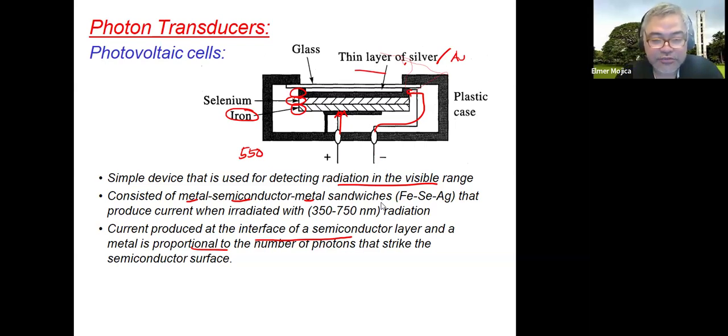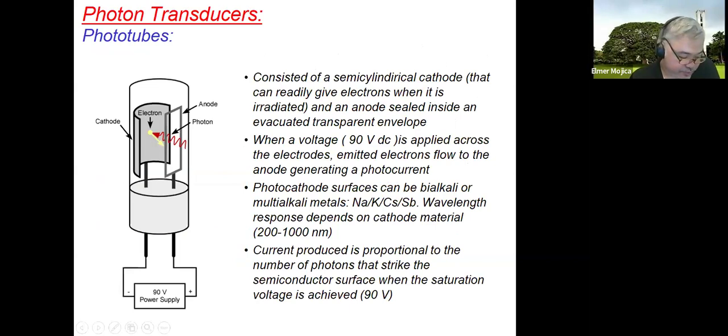Now, the next one that we have here is what we call the phototubes. This is the second type of photoelectric device.